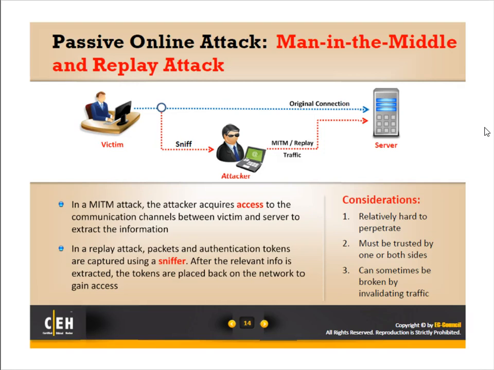What we see usually is another type of passive online attack here, and that's the man in the middle, as well as the replay attack. Usually the man in the middle is one that you see in a wireless setting. However, you could have that in a hardwire setting, but then that person would need to already be inside your corporation and on your corporate network.